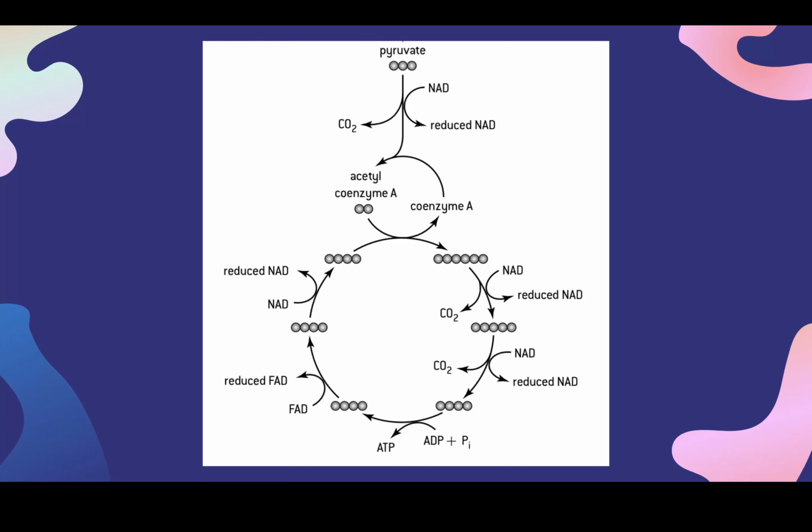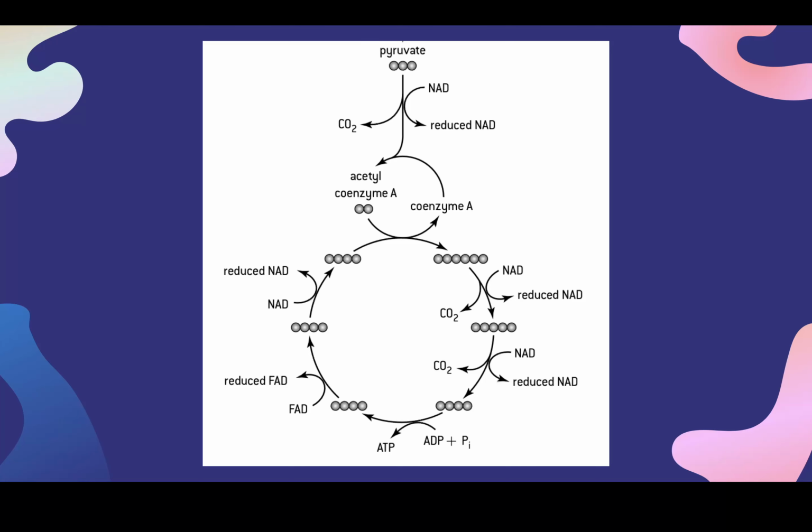That 6 becomes 5, since one CO2 has left, and then the 5 becomes 4 again, where another CO2 is released, and it's basically a repeat of what just happened. So carbon dioxide is released, hydrogen is released, since the 5 carbon compound is being oxidized, and then NAD gets reduced. Now we've gone from 6 to 5 to 4.